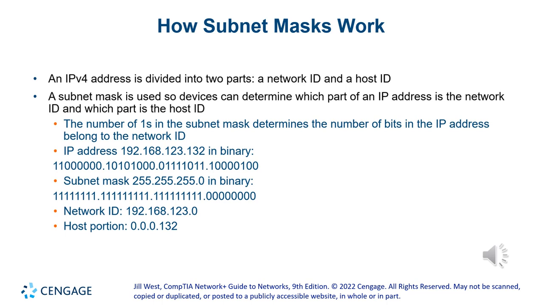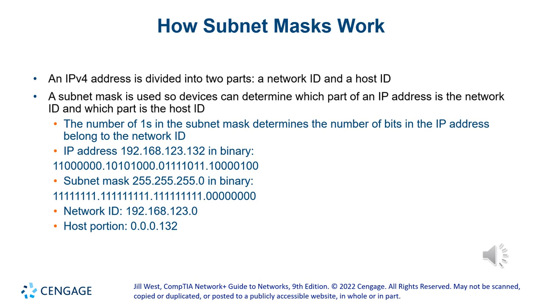So when the network sees this pattern, it compares the IP address with the subnet mask and says, okay, what I'm looking for here is to match those first 3 octets, the 192, the 168, the 123. If they match that pattern of ones and zeros that you see on the top, that means that you're part of my network. You're part of my network ID.